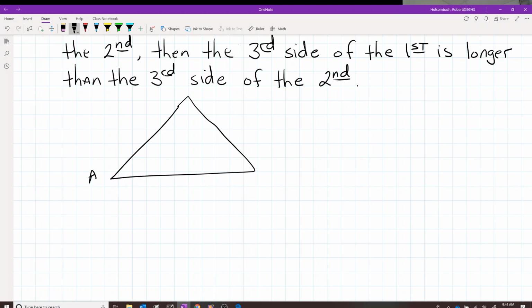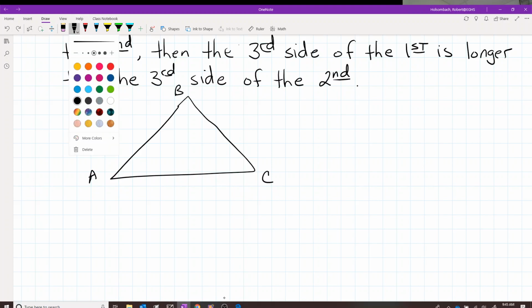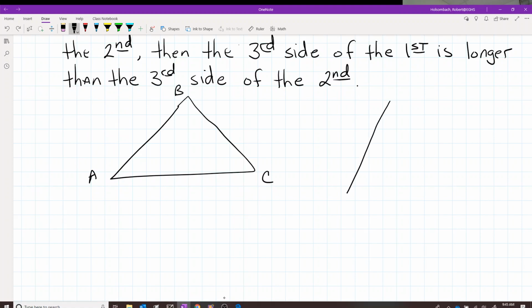Triangle on the left is ABC. Triangle on the right is XYZ. We got two sides of the triangle on the left congruent to two sides of the triangle on the right.